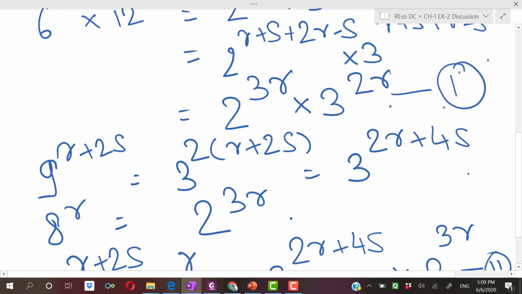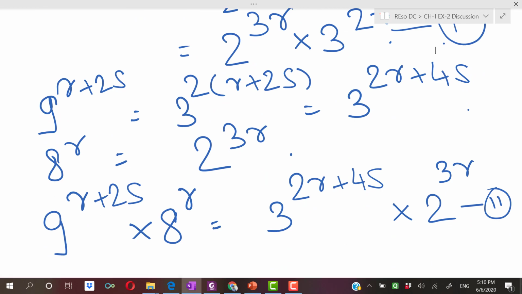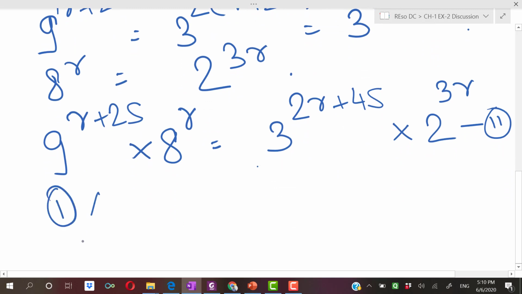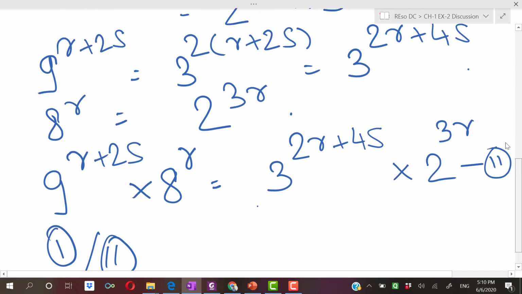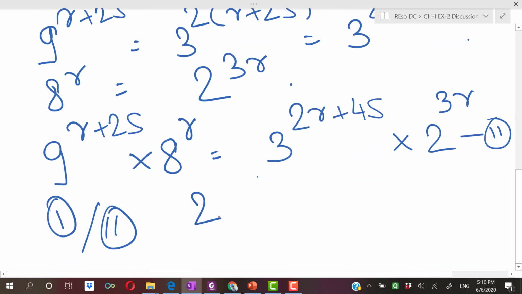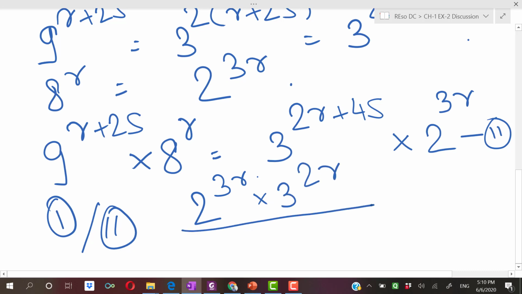So as per the question, we will do first divided by second. First divided by second, what I will have: 2 raised to the power 3r into 3 raised to the power 2r divided by 2 raised to the power 3r multiplied by 3 raised to the power 2r plus 4s.